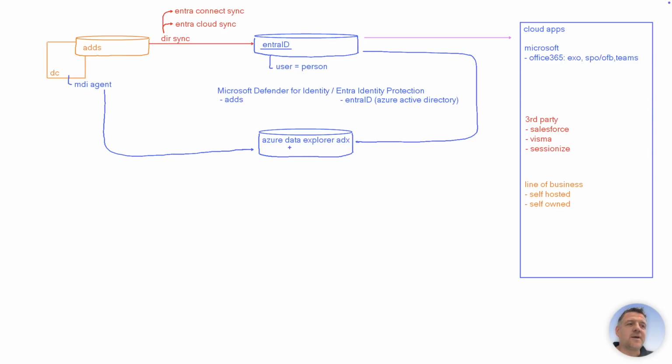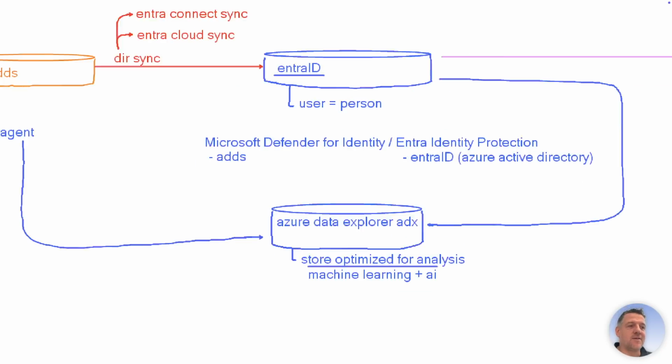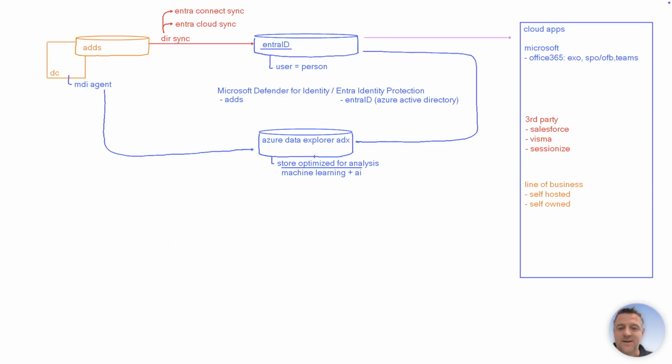An Azure Data Explorer component is a storage location, a store which is optimized for analysis. So we store the data in a way that we can do all kinds of machine learning and AI things to it. And that is exactly what Defender for Identity and Entra Identity Protection have to offer.